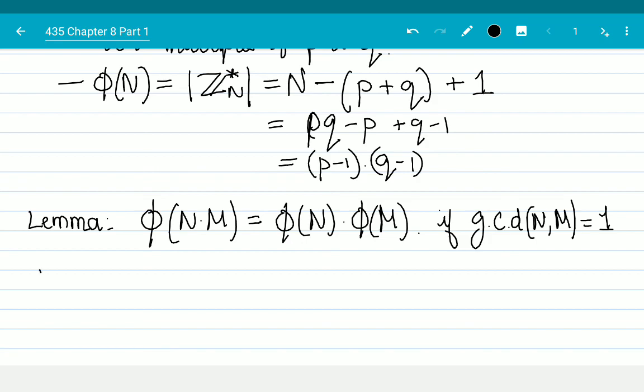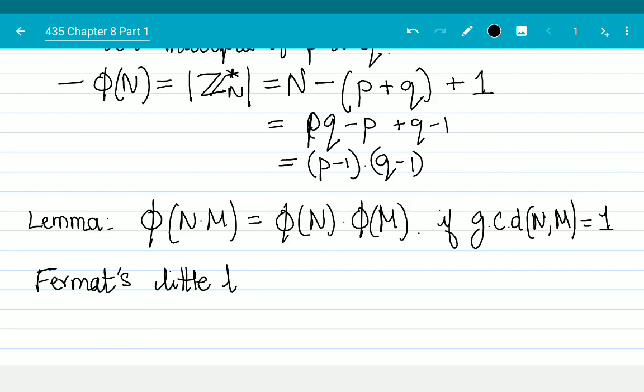Initially it was proved by Fermat, and he wrote it down without a proof. He did give a proof later on, which was published. Fermat was a lawyer by job, and he just dabbled in mathematics for fun.